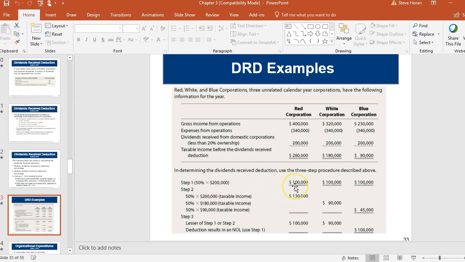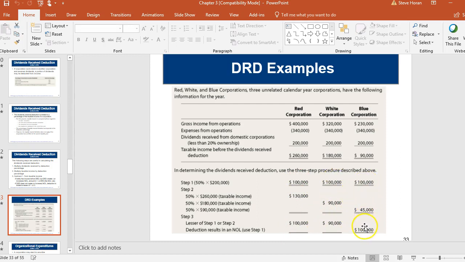Here's my dividends received exclusion, half of 200,000, so it's 100,000 each. Then I multiply that same percent, 50%, times my taxable income. So half of 260 is 130, half of 180 is 90, and so on. Then I take the lesser. So the lesser of these 2 numbers is 100, the lesser of these 2 is 90.